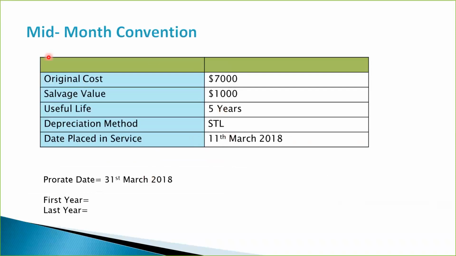Now, let me say a bit about the mid-month convention. The way we should think about this convention is we want to acquire half depreciation expense for the asset's first period and half depreciation expense for the asset's last period. Okay. So the date placed in service for this asset is 11th March 2018.